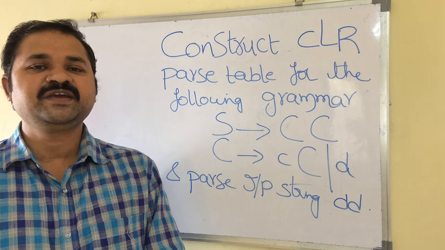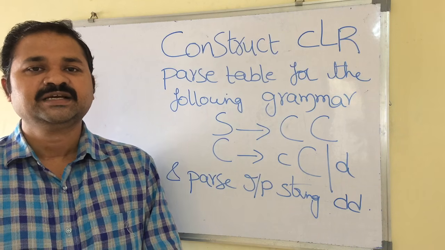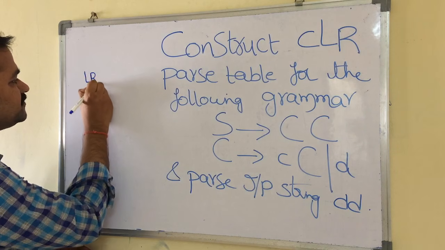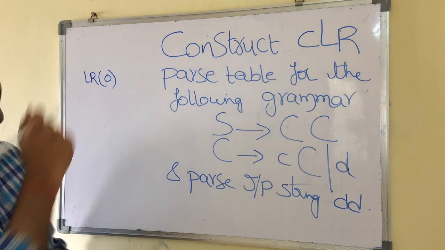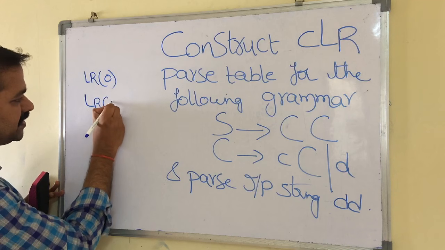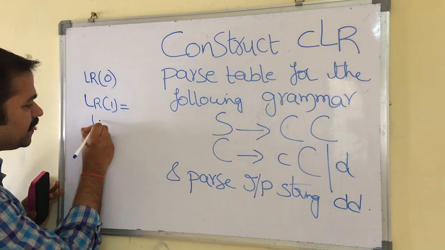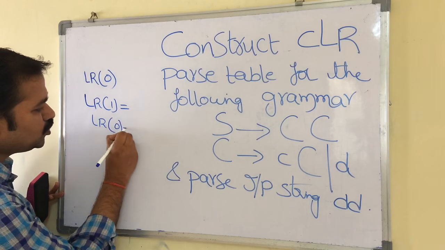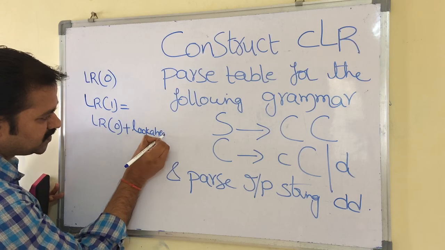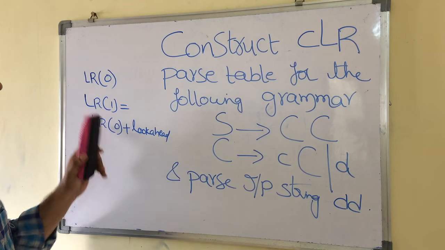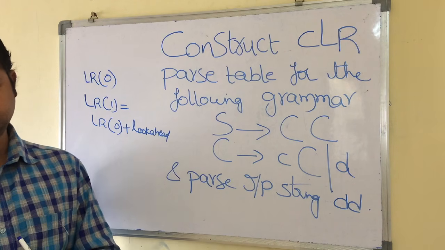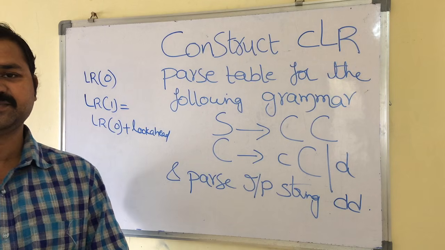The major difference between SLR and CLR is that in the SLR parser we calculate LR(0) items, whereas in the CLR parser we calculate LR(1) items. An LR(1) item is nothing but an LR(0) item plus a look ahead symbol. So here also we need to follow the same steps.